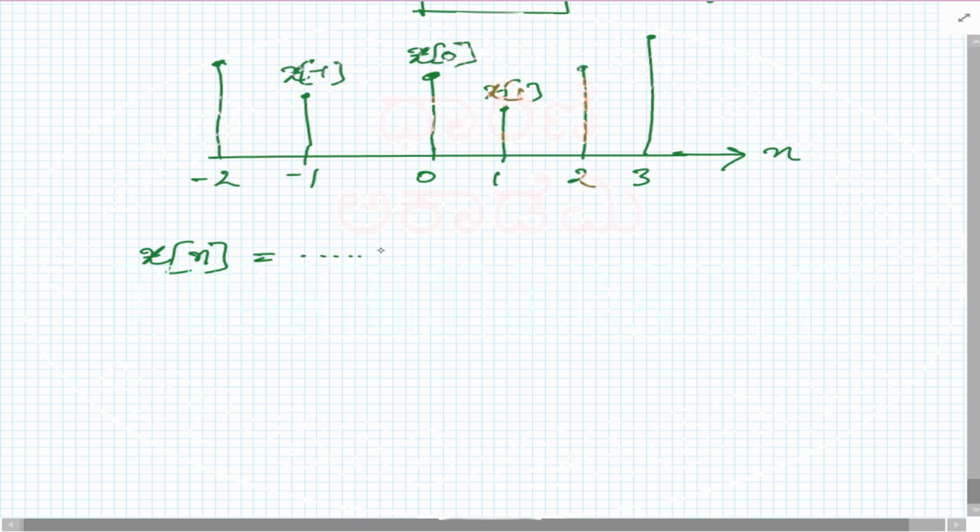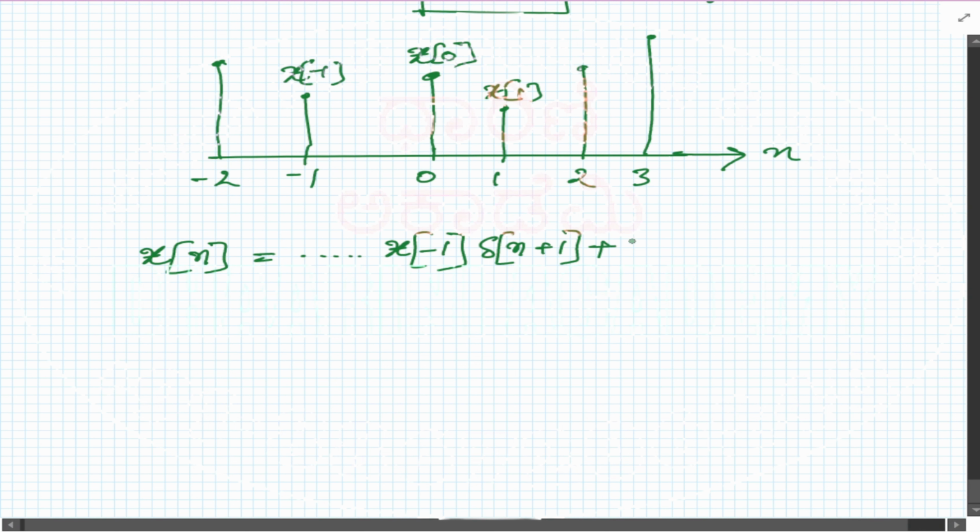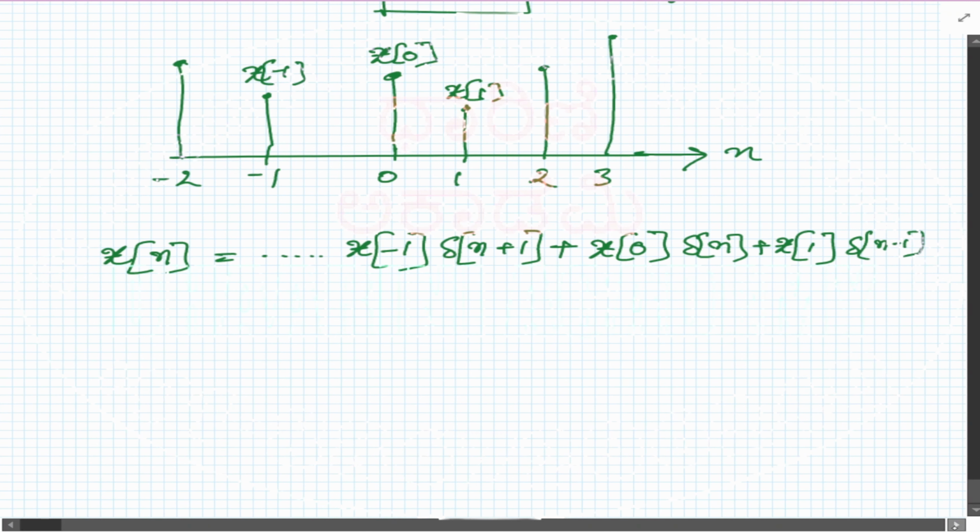So, this is the constant value. Alpha is this: x of minus 1 into delta of n plus 1. Are you okay? This is on the left side, plus x of 0 into delta of n, correct? Plus x of 1 into delta of n minus 1, and so on, correct? Now you can compare this.